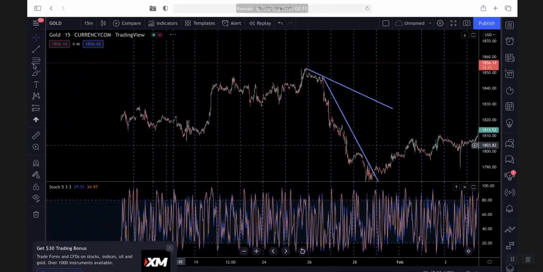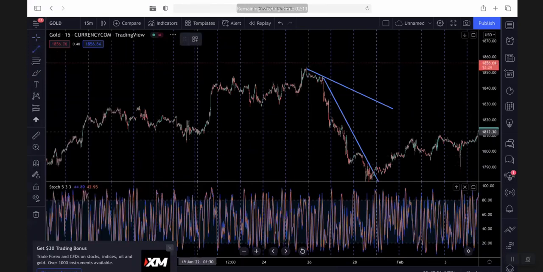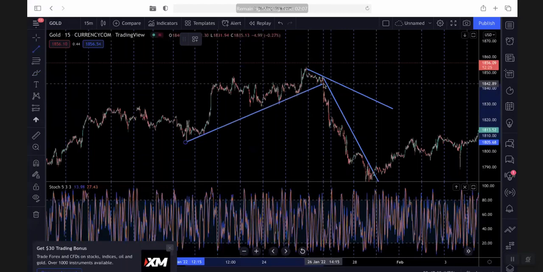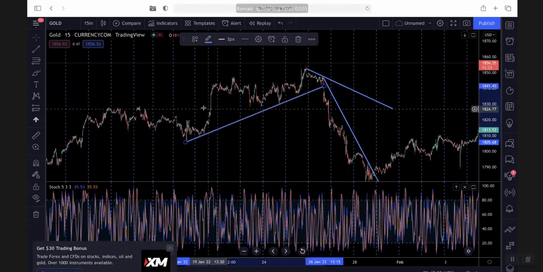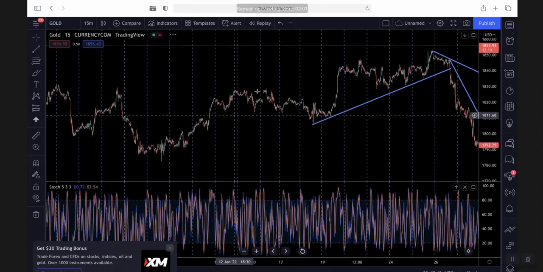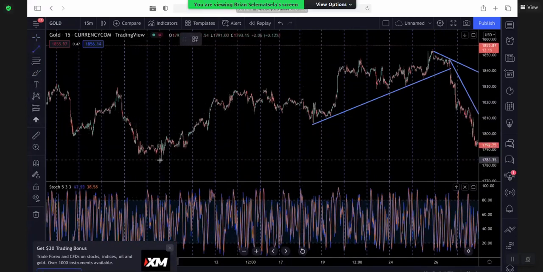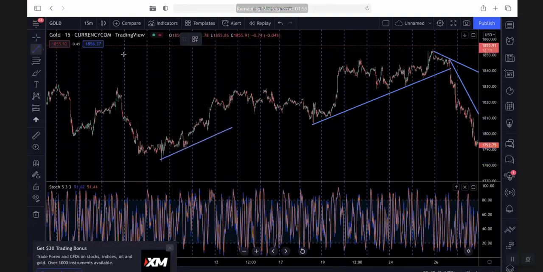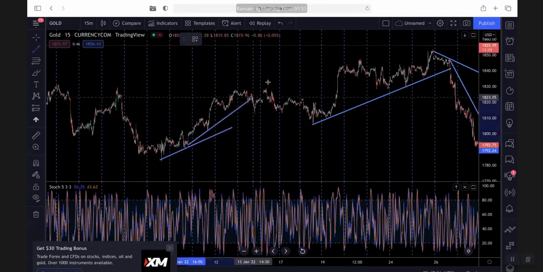Now, if you observe any other turn that happens, you'll see that everything makes sense from there. And even with small retracements like this, the market will show you that the retracement is very temporary.